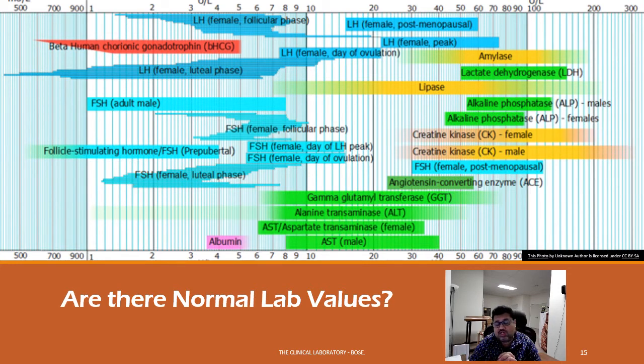The age range of adult lab values covers the young adult of 18 to 44 years, middle adult from 45 to 65 years, and the older adult of more than 65 years old. People reach their peak lab values during their young adult years. This presentation does not discuss pediatric lab values at all.